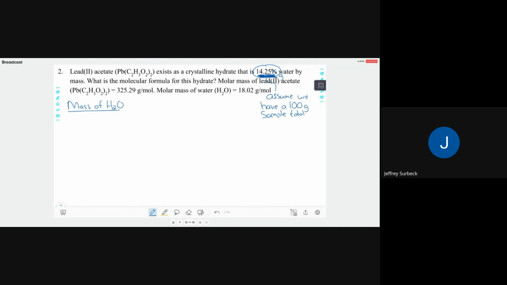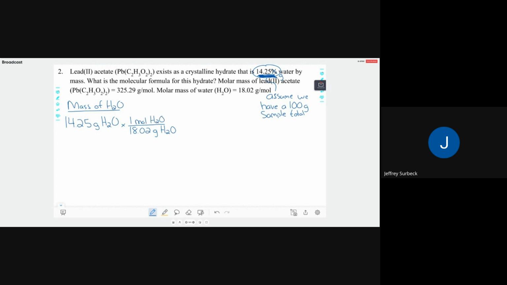Mass is nice to measure out in the lab, but we must convert this to moles. So we times, draw our line, and divide by the molar mass of water, which is given at 18.02 grams for every 1 mole.